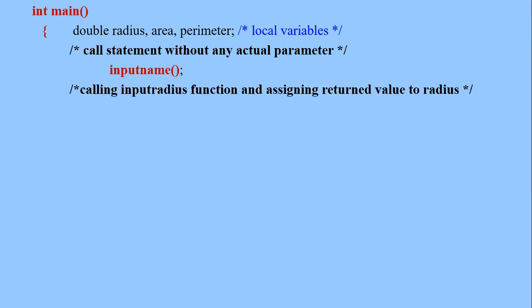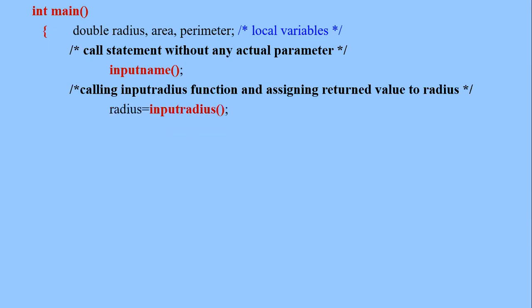And then the process will move on to the next statement, which is going to call the input radius function and assign the return value to radius. This is the next call statement.